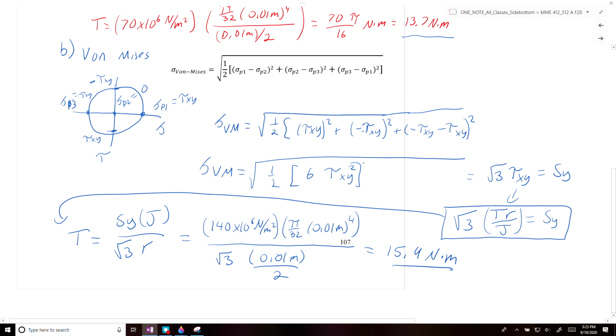It's a little bit more than 10% higher in the case of the von Mises stress. This illustrates the differences in the predicted maximum allowable torques or applied loads that you could apply to the same system, depending on which criteria you choose to use for your design.